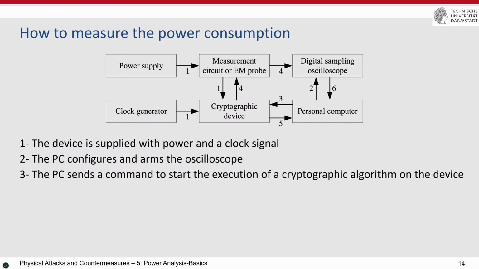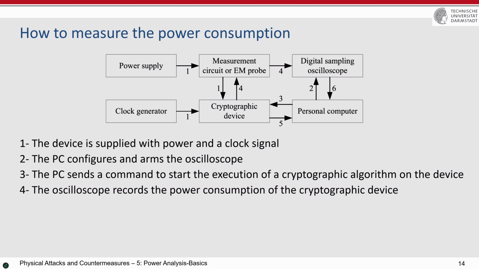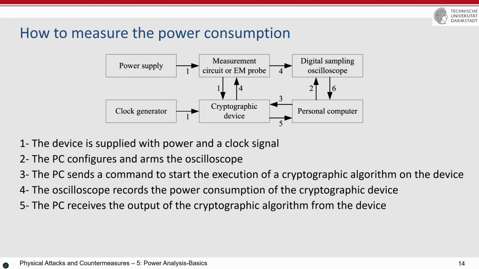The PC sends the command and starts execution of the cryptographic device. At the same time, the oscilloscope will automatically be triggered and records the power consumption, or EM, measurements of the cryptographic device, and the PC receives the output of the cryptographic algorithm.